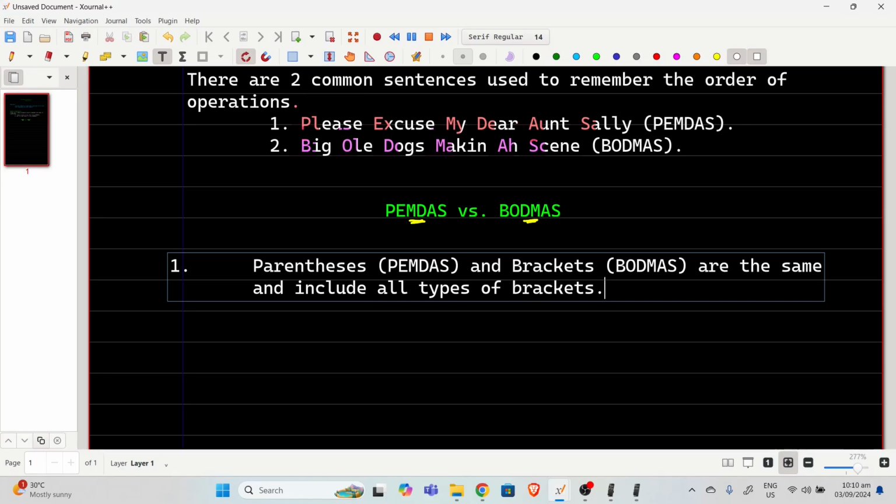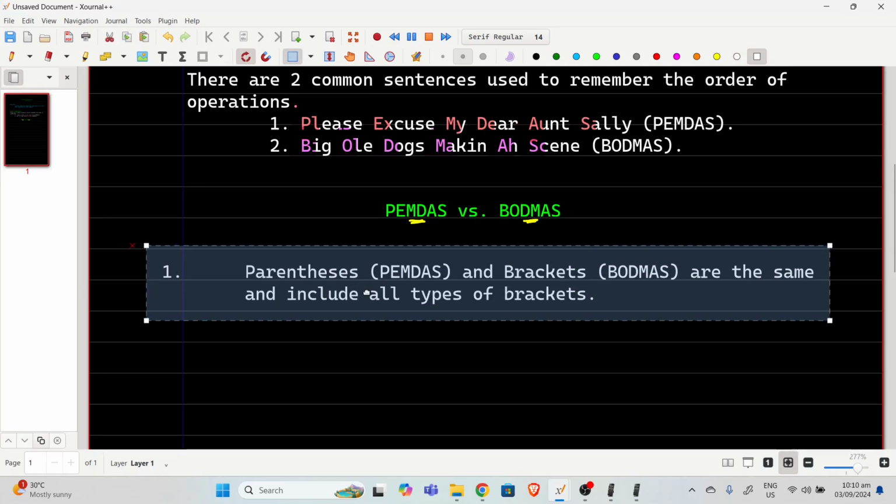The parentheses are going to be either parentheses or brackets. That's the first thing you evaluate.